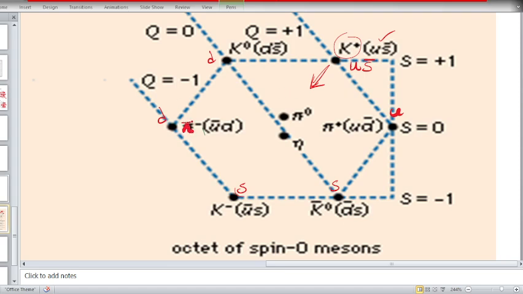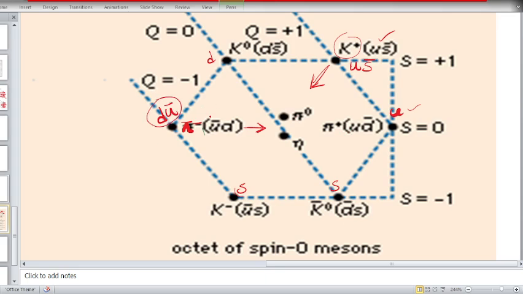If you consider the pi minus particle, you have D here, that is the quark. Then which one will be the antiquark? You just check the quark in the opposite corner of that particular particle, pi minus. Then you can see on this side you have U as the quark. Then you have to put U bar. Then D U bar will be the corresponding quark content for pi minus.